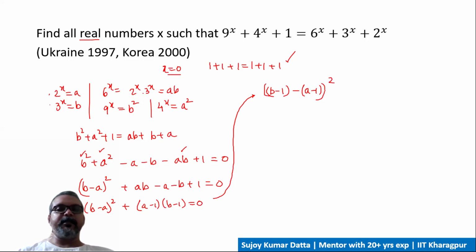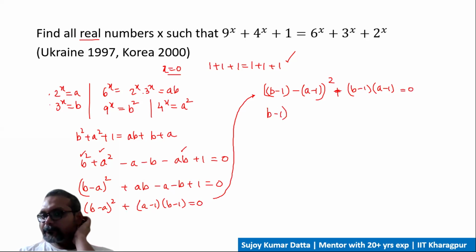Like b minus a, I'm writing it like this. So this gives us minus 2 times the product, which is plus once the product. So it will be minus once of this.